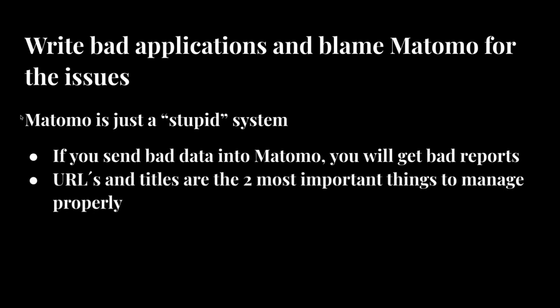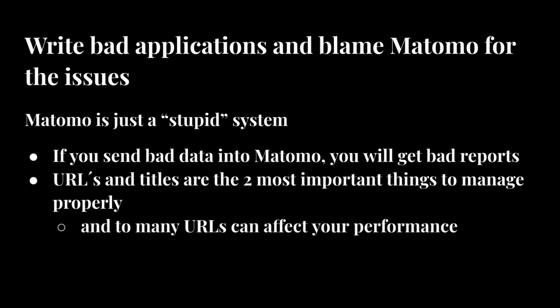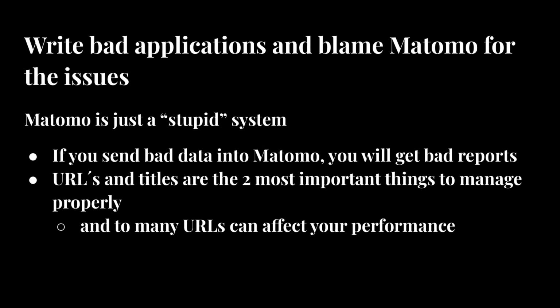The two most important things to manage properly are URLs and titles, because these two will always just be stored in Matomo when you send them. And URLs are actually pretty important to manage in a large installation in particular.